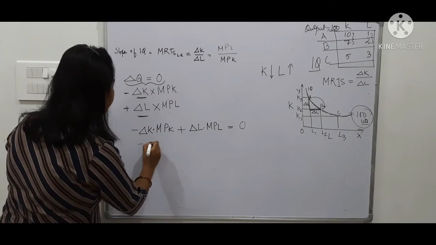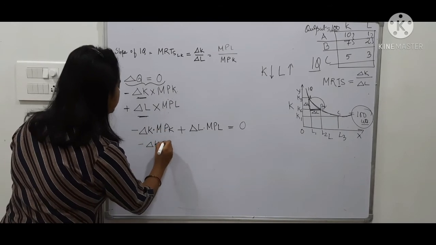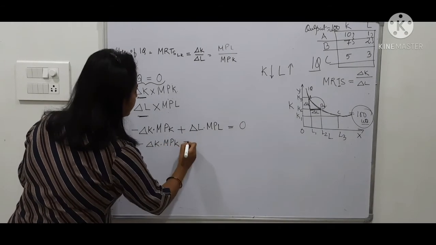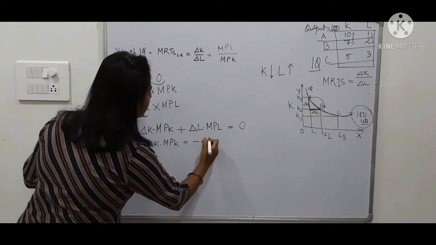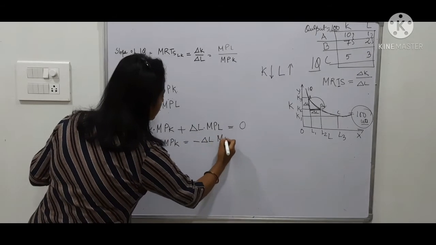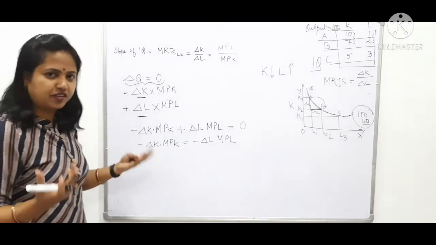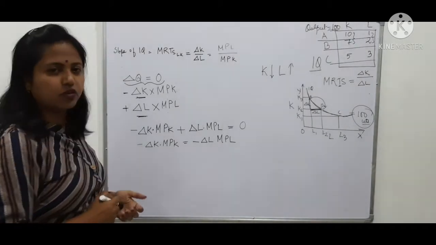Now what I can do is write minus delta K times marginal productivity of capital and take this to that side. So it will become minus delta L times marginal productivity of labor. Till this much, if it is done, then you are almost clear.